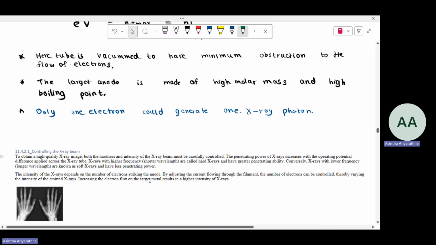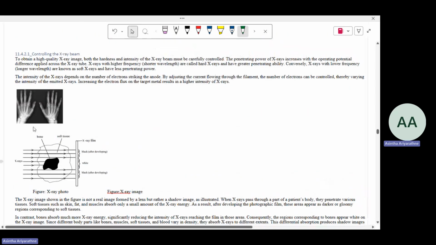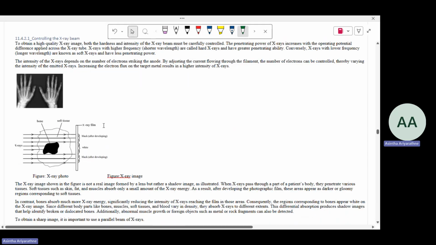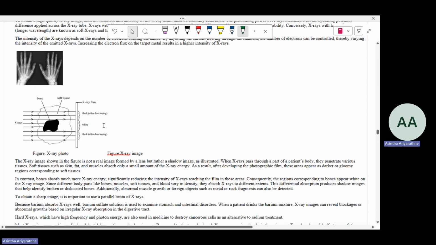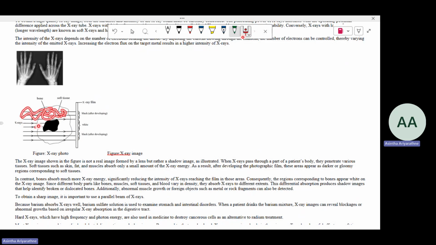By controlling the X-ray beams, the X-ray photo can be obtained as shown here. X-rays having high intensity and high energy could penetrate the skin, but not the bones.